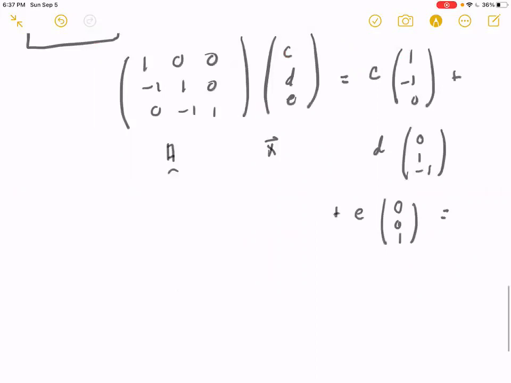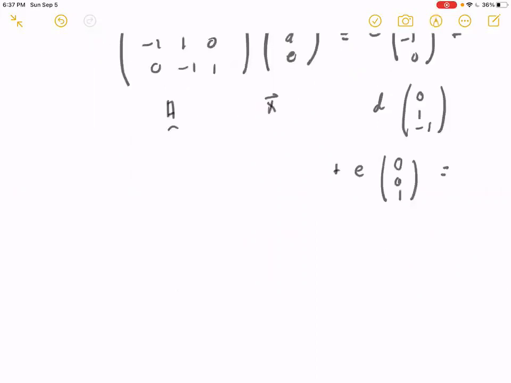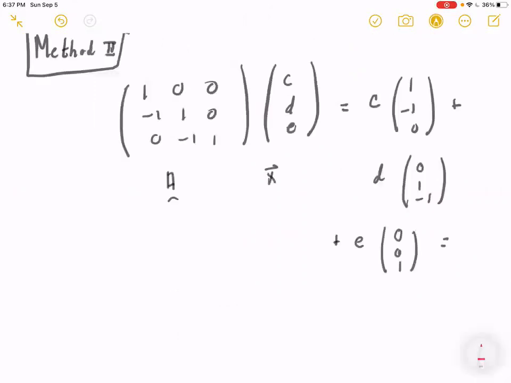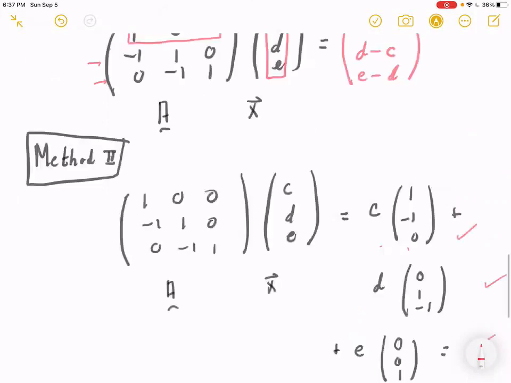So if we add all these things together, namely, we use scalar multiplication: here's a scalar, here's a vector, scalar, vector, scalar, vector, and then add those three results together, we should get C. We'll get D minus C here, and E minus D here, and we get the same result as we do up there. So that's helpful and useful.